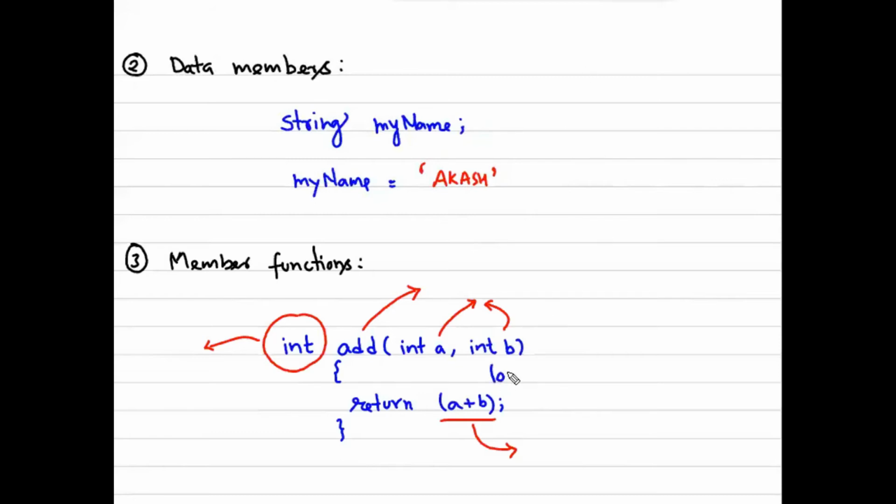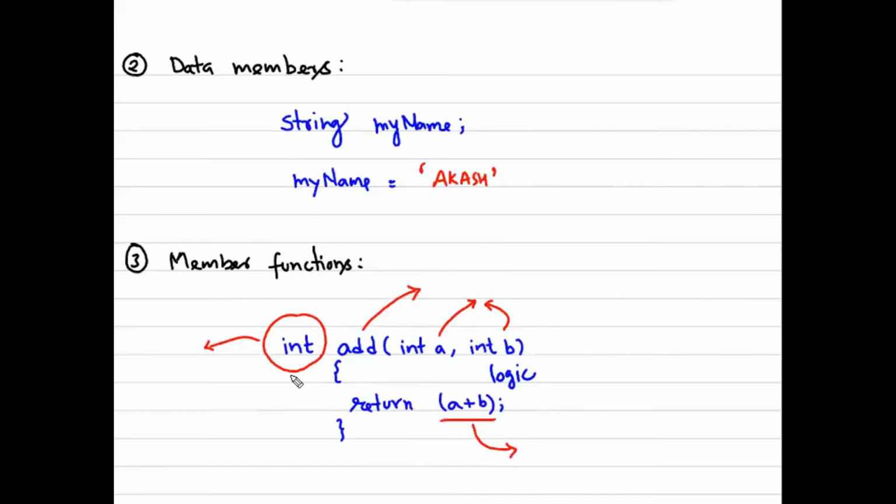Like this member function, it takes two parameters, adds the values of those parameters, and returns the result. We discussed the structure of the function in our previous lectures, maybe the last-to-last or second last lecture. So guys, this is about the member function.